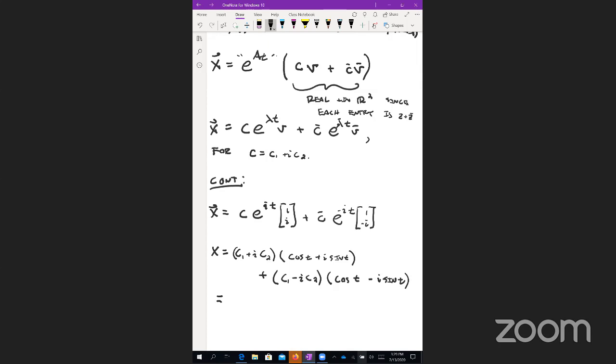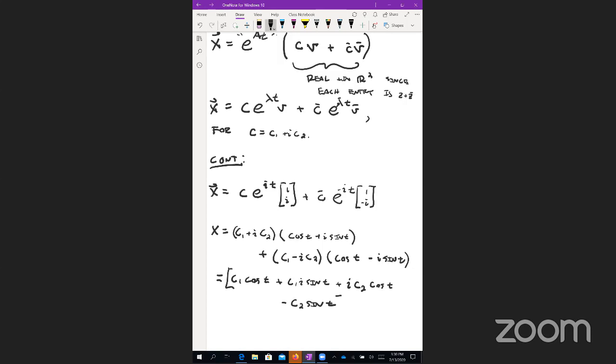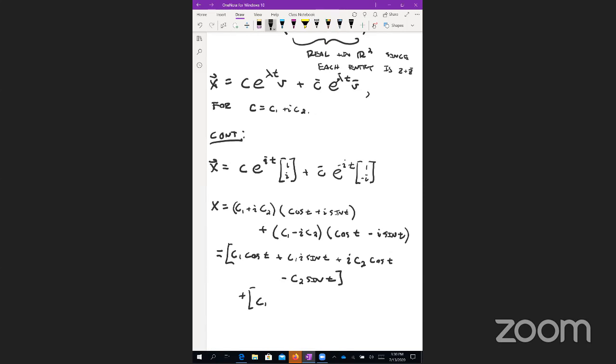But let's just check. So we're going to get c1 cosine t plus c1 I sine t plus I c2 cosine t minus c2 sine t, okay, plus c1 cosine t minus I c1 sine t minus I c2 cosine t minus c2 I sine t.